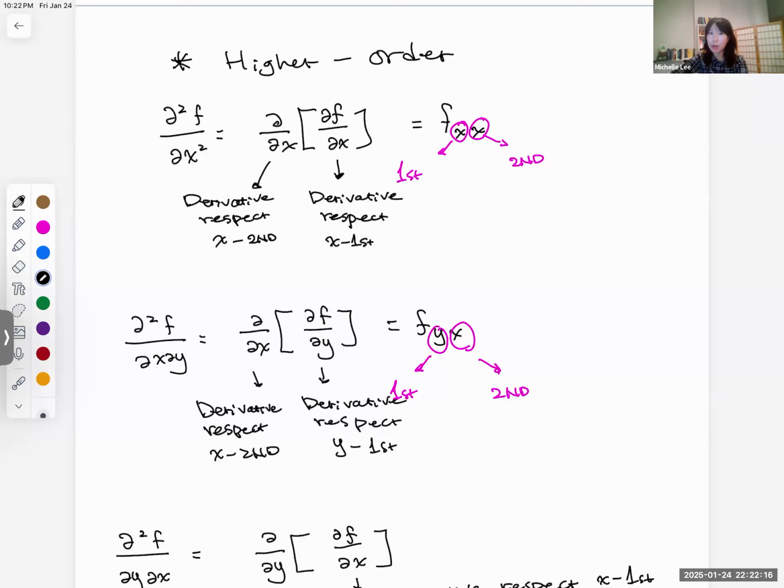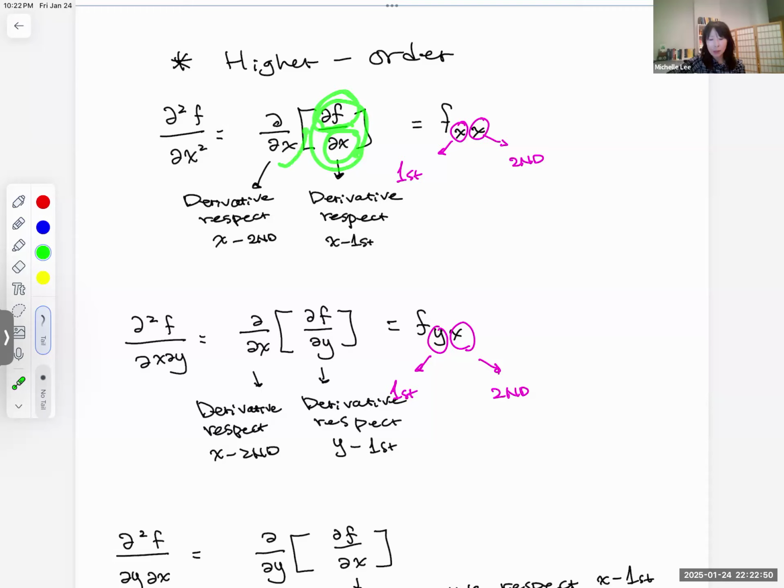Okay, so we have a higher order partial derivative. Let's take a look at this one. Instead of d, we have this symbol, partial, and then everything is the same as calculus 1. Look, the partial derivative of the function f with respect to x is the first derivative with respect to x.